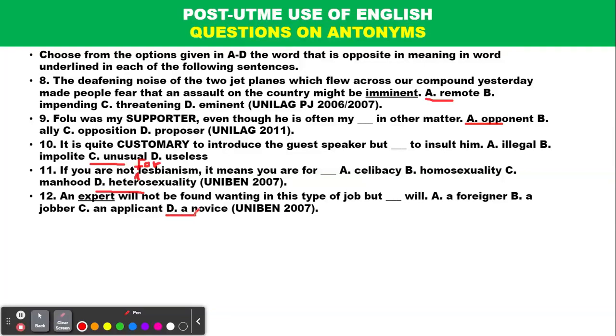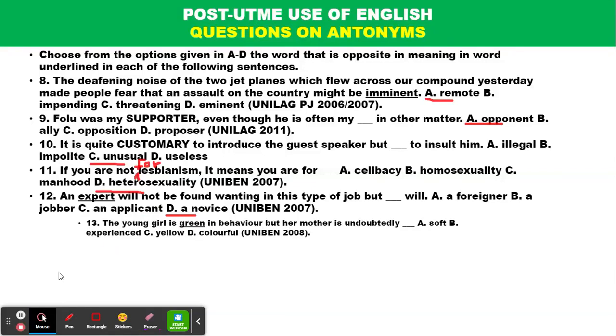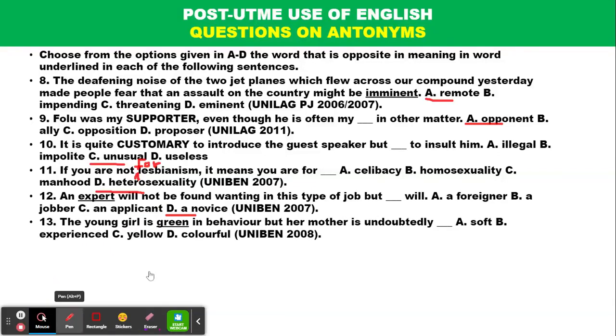A novice is somebody who is just new in a particular trade or field and doesn't know much about it. You're either an expert or a novice. And so, question number 13: the young girl is green in behavior, but her mother is undoubtedly dash.